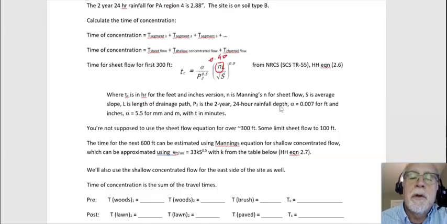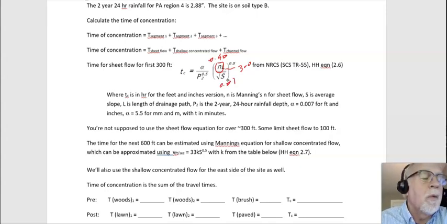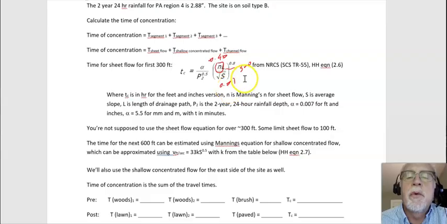The length we're going to use for the first 300 feet is 300. The slope is given for the left-hand side as 0.01 or 1%. Now, careful with that. Some of these formulas have you put S in as percent, so you'd put 1 instead of 0.01, which I find confusing.